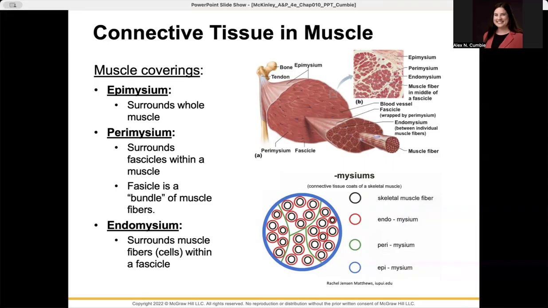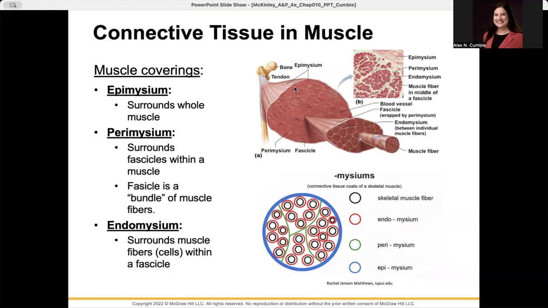And if we remember, those are called periosteum and endosteum. Not too different when we get to muscle. Of course, we're going to have a different root word here, mys. For epimysium, perimysium, endomysium, that mys is the root word, and that means muscle.